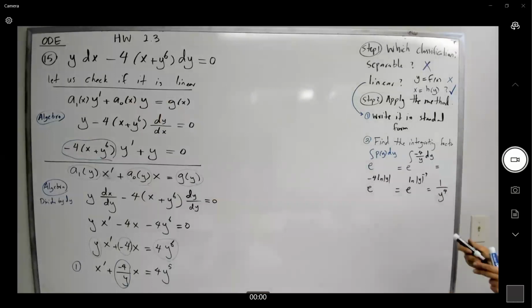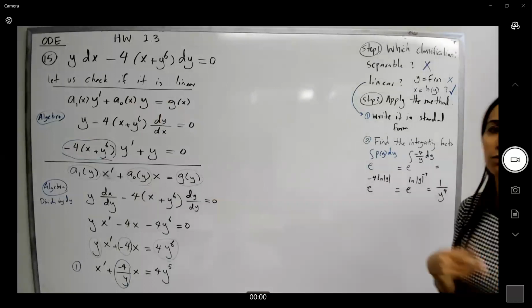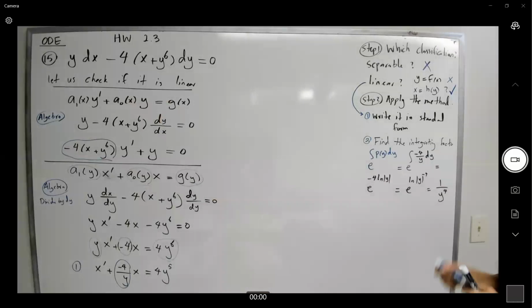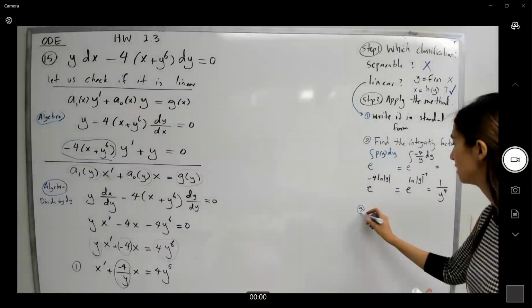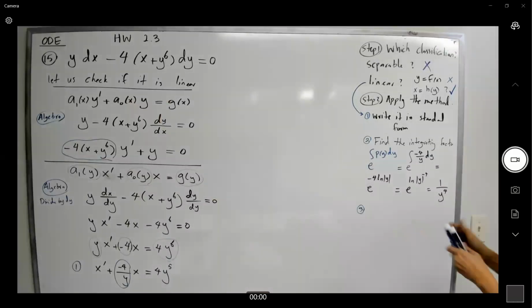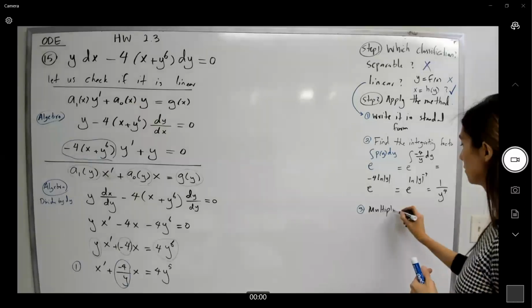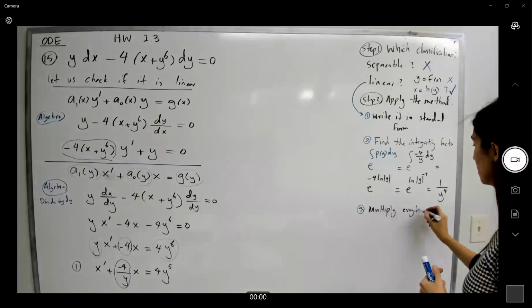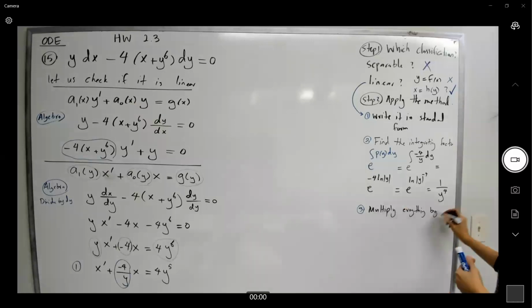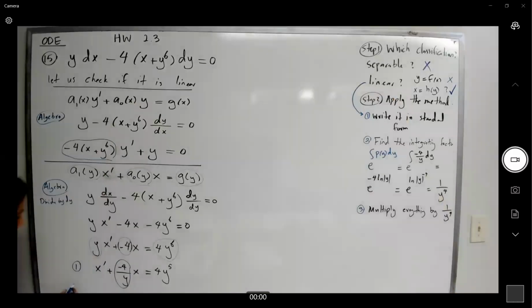This is our integrating factor. After finding the integrating factor, we have to multiply every term by the integrating factor. Step 3: multiply everything by 1 over y to the 4th. Okay, so far we're good. We found step 2 as well, which is 1 over y to the 4th.